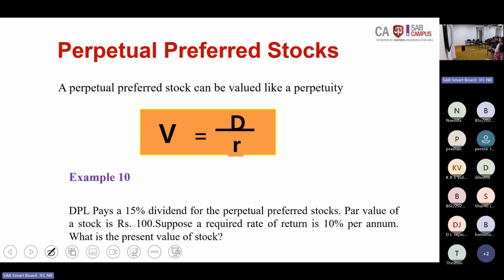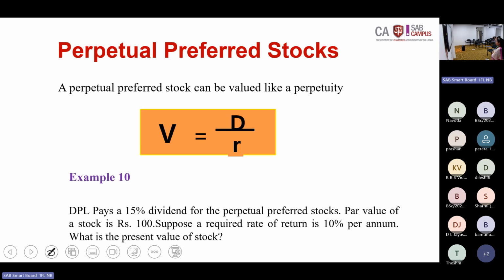Right. Okay. Question number 10. We may do it. It is a 15% dividend for the perpetual preference stock, and the par value is 100.